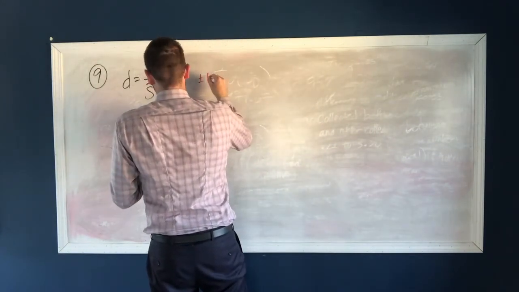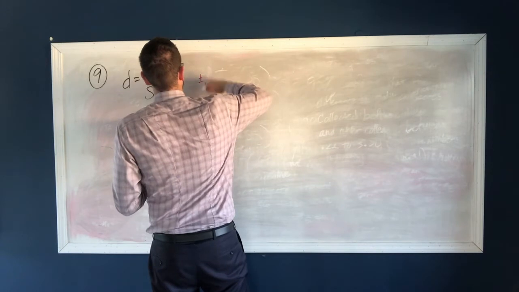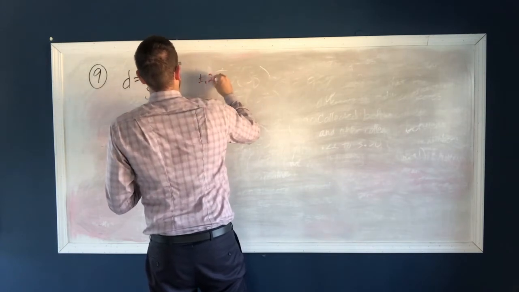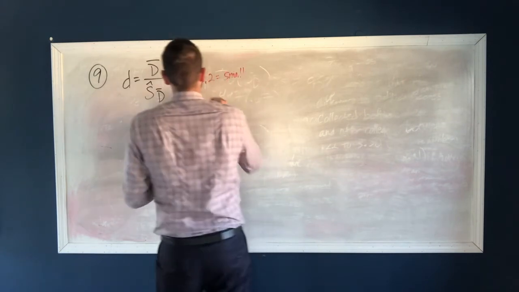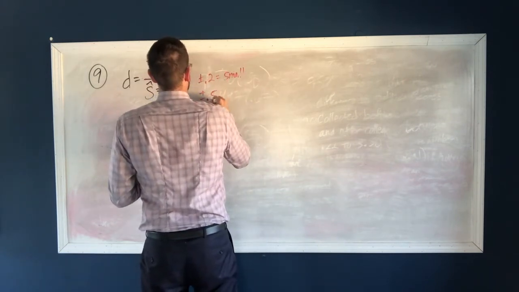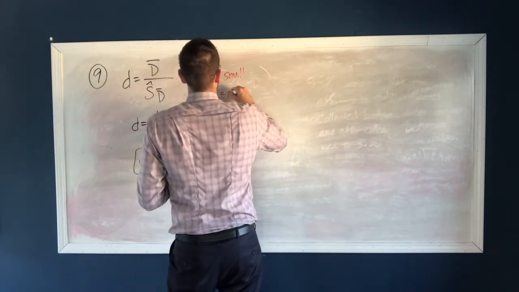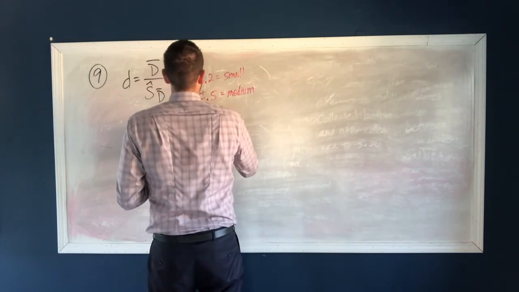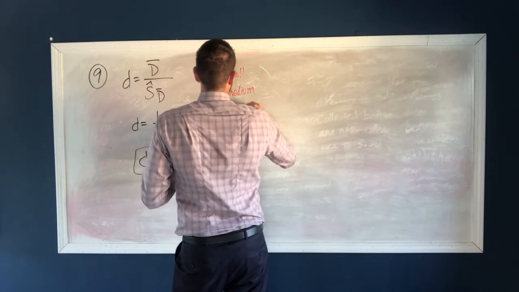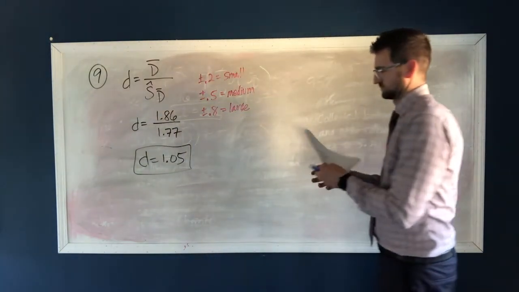Remember, plus or minus 0.2 is a small difference. Plus or minus 0.5 is a medium difference. Plus or minus 0.8 is a large difference.